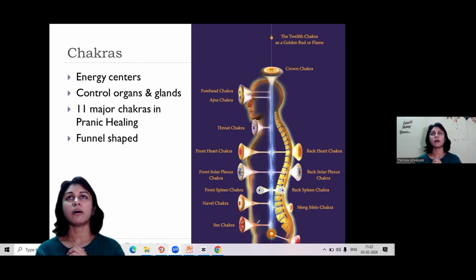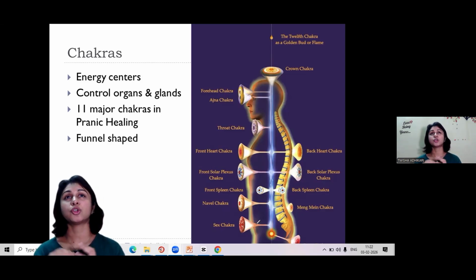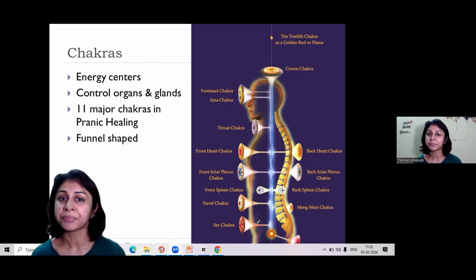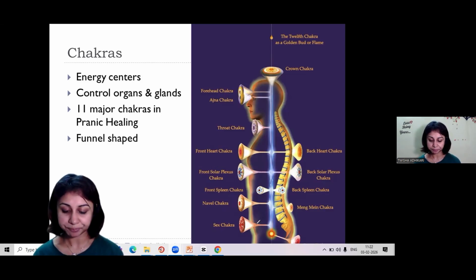Now, in the case of mentally retarded people, the sex chakra is depleted, so you have to constantly cleanse and energize them very slowly, over a period of 1 or 2 years, and there might be some improvement because they have very depleted sex chakras.